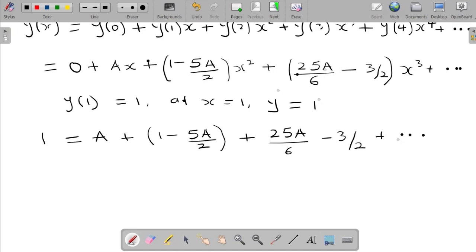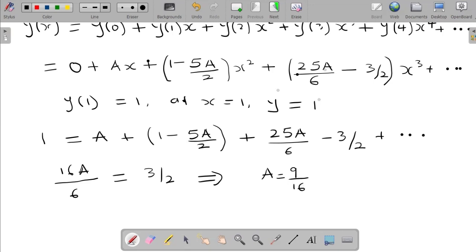So simplifying this will yield 16a over 6 equals 3 over 2, which gives our a as 9 over 16. Our a is 9 over 16.